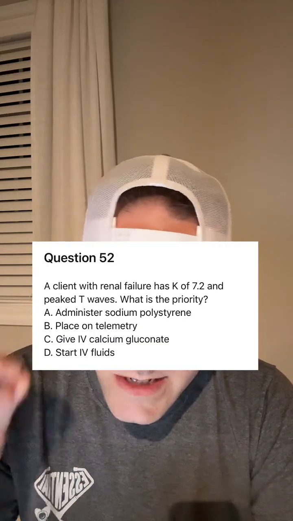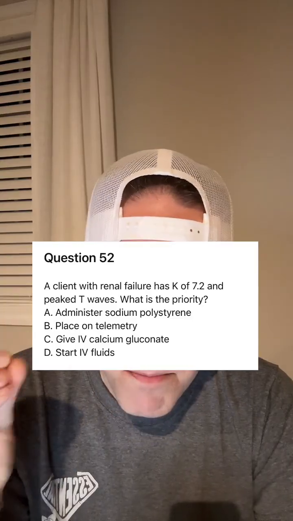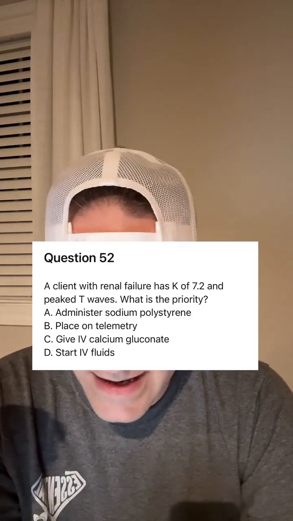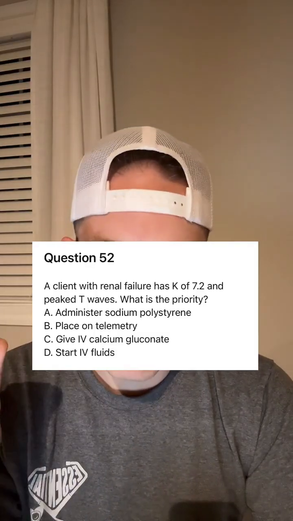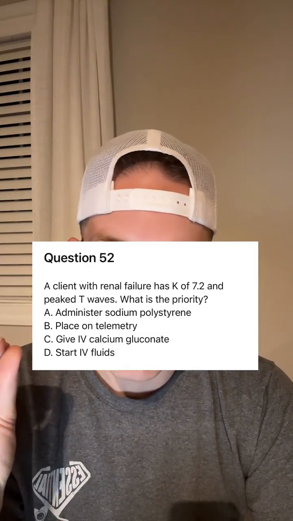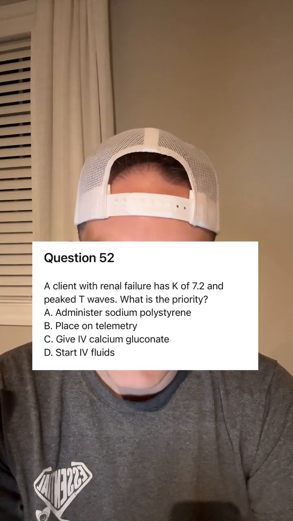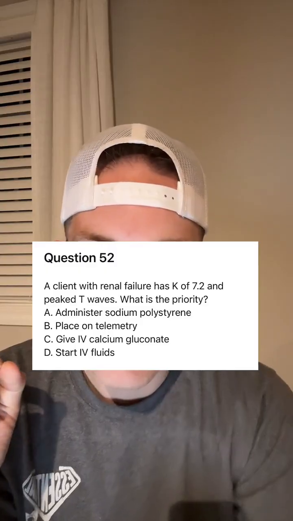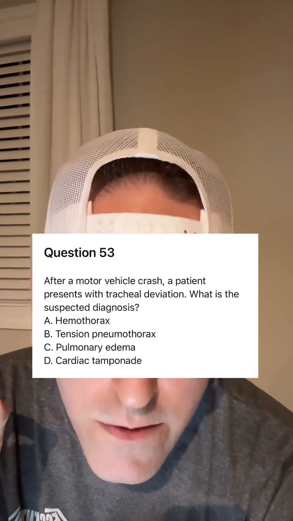Calcium gluconate stabilizes the cardiac membranes immediately, which buys time while the other potassium lowering measures work. So if you're in the middle of doing a hyperkalemia protocol at work, in the hospital, calcium gluconate is the first thing you're going to do. There's usually an order set that says, do the calcium first.